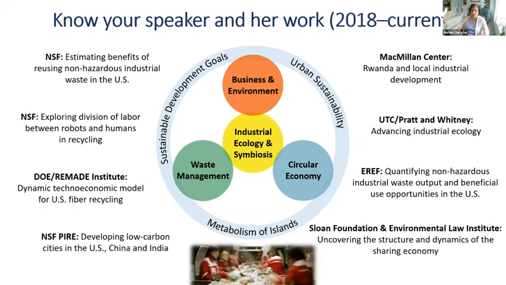So these are a few of the grants that we've had just since 2018. Again, I won't go through them all, but I do want to mention on the left-hand side that we've been working on non-hazardous industrial waste for several years now. This is just as it sounds, waste from industries, whether they're pulp and paper mills, or from agricultural waste.